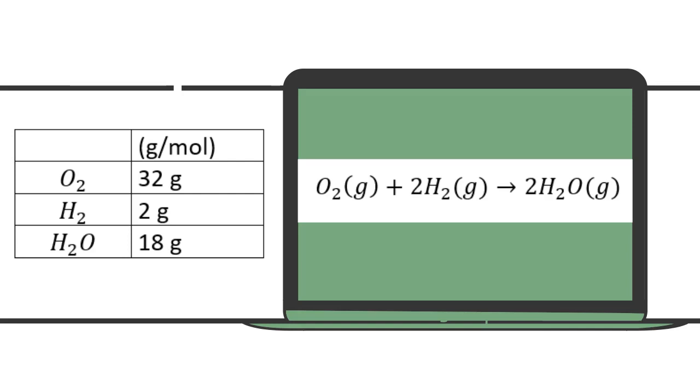Here you're given a table, but you have to be very wary of the grams that are given to you. This time G is not gas, it's grams, the mass of the molecules, which happens to be grams per 1 mole. So the grams that are given is for only 1 mole of the molecules.